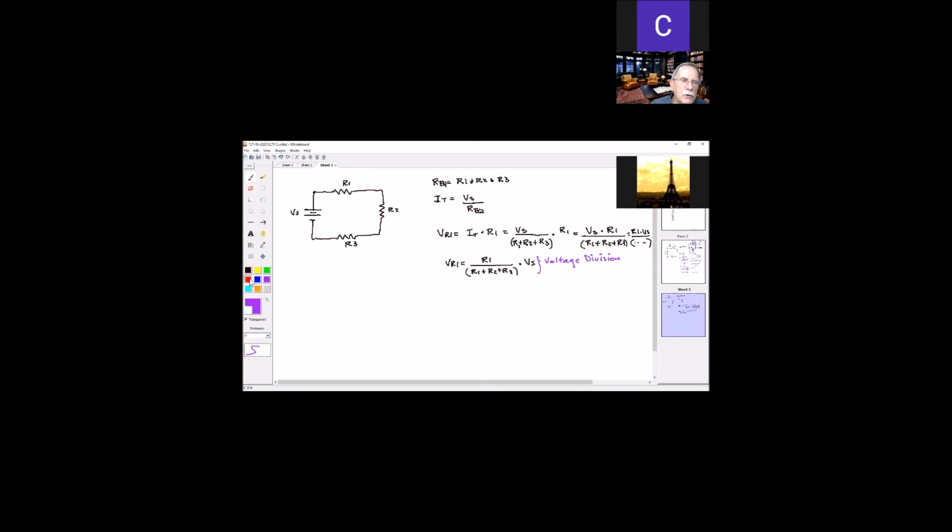So the way we do this is, in the numerator, we put the resistor we want to find the voltage across.